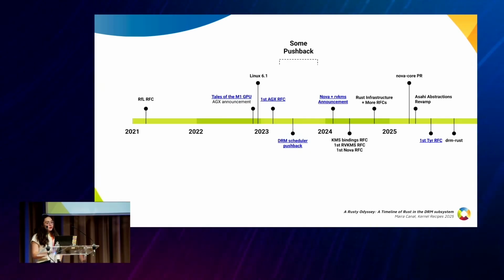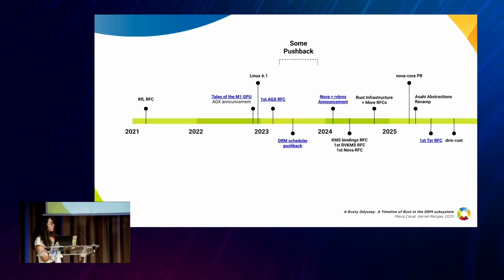Especially, I believe that this friction around the DRM scheduler ended up being an important event in the timeline, because it was the moment that the Rust conversation kind of vanished from the DRM mailing list. I mean, you didn't see it anymore. And it also marked a hiatus in the Asahi driver upstream.